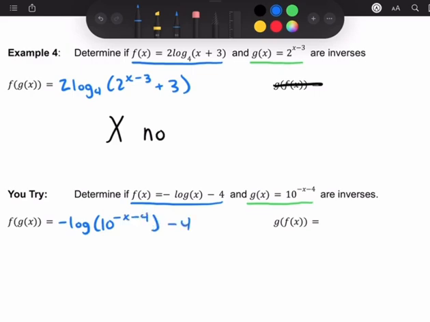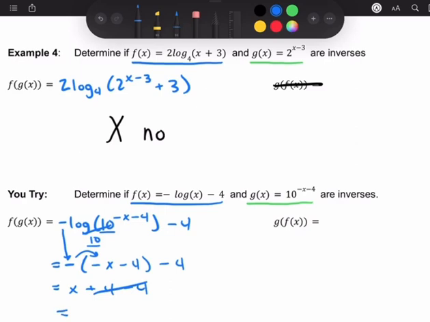We can simplify from here, knowing that this is log base 10. Since the base of this log and the base of this exponent are the same, they cancel out, leaving us with negative. Don't forget that negative sign. Negative x minus 4 minus 4. Distribute the negative sign, leaving us with x plus 4 minus 4. These cancel out, leaving us with just x.